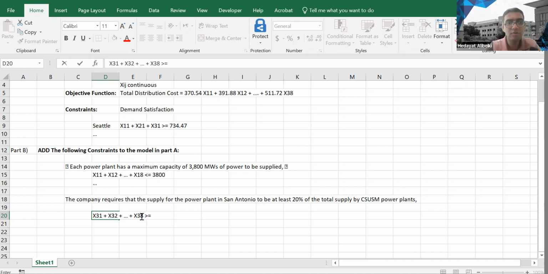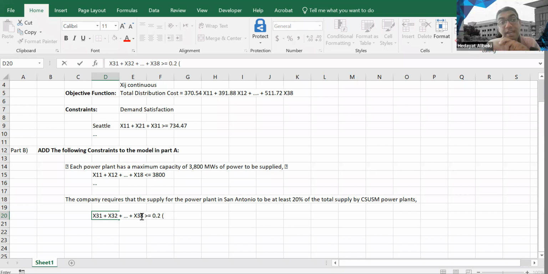Greater than or equal to 20% of what? The total power. And what would that be? Would that be 3,800 times 3?